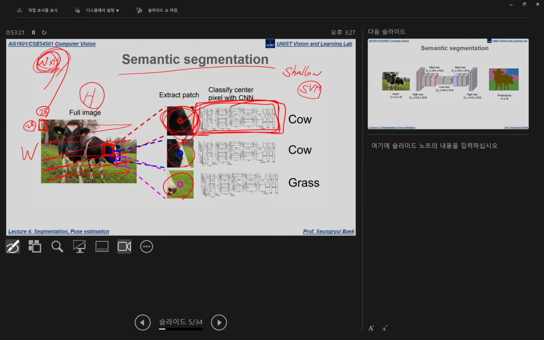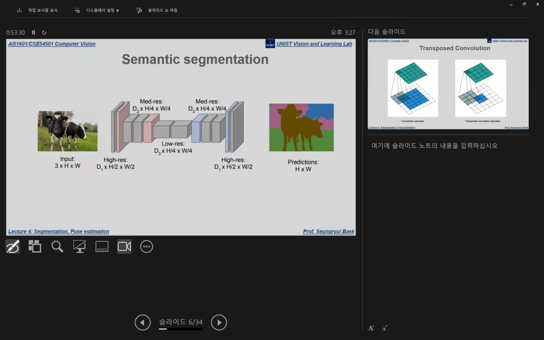So computer vision researchers thought about how to make this efficient, how to reduce the time taken for an image. They came up with this type of architecture that is called the encoder-decoder architecture.